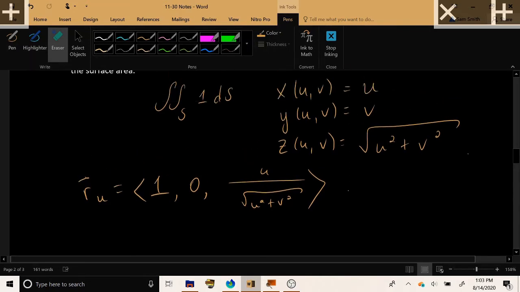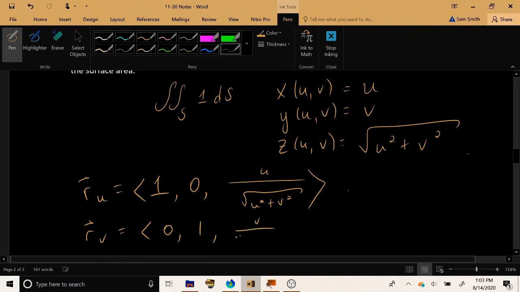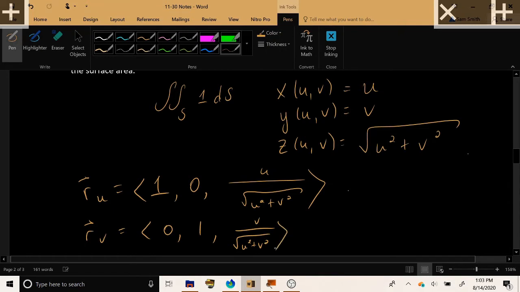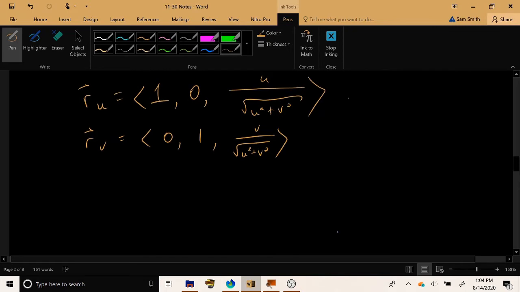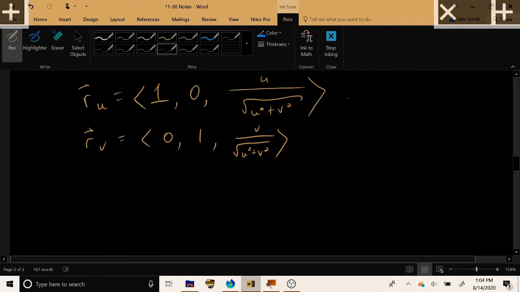So similarly, for the partial derivative with respect to v, we get 0 for x, 1 for y, and v over root u squared plus v squared. Now when we're calculating surface integrals, our next step is always to take the cross product of these two partial derivative vectors.